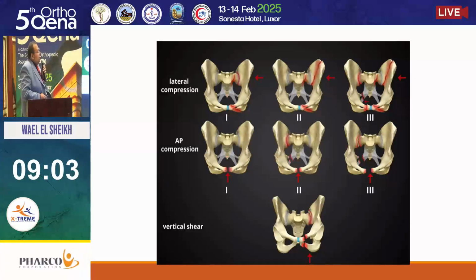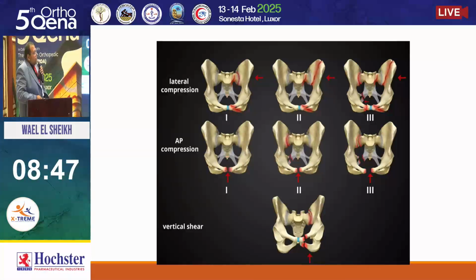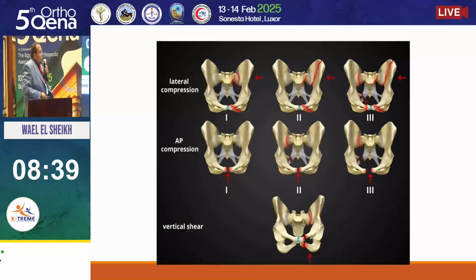Anteroposterior compression type is either type 1, with minimally displaced anterior disruption, symphysial disruption less than 2.5 centimeters, or type 2 with open book type, and type 3 with anterior and partial posterior disruption. The most severe form is the vertical shear injury with complete disruption of the hemipelvis, with complete loss of the stabilizing factors, both anterior and posterior.